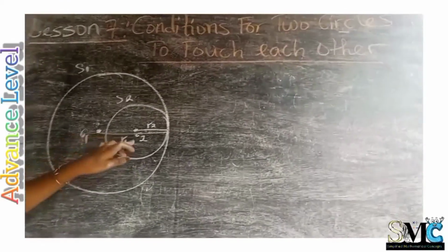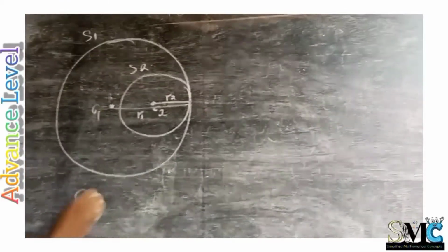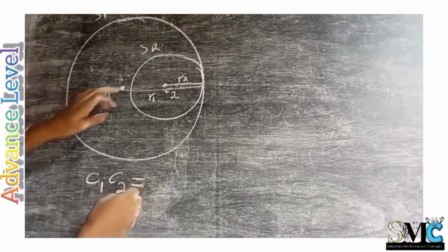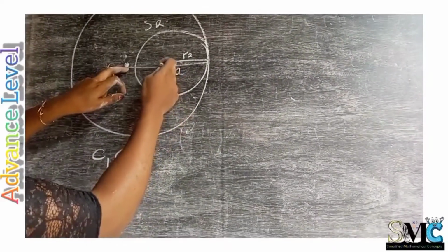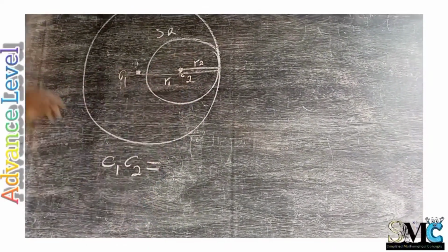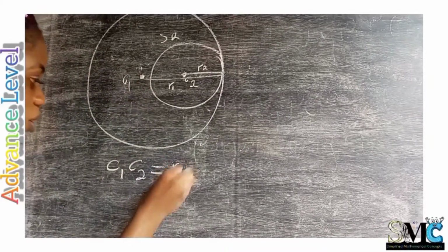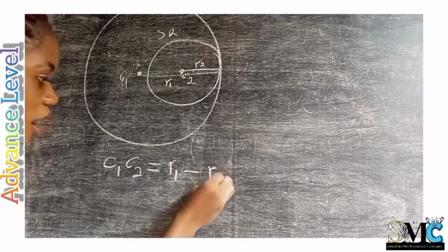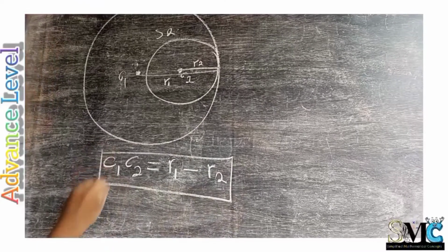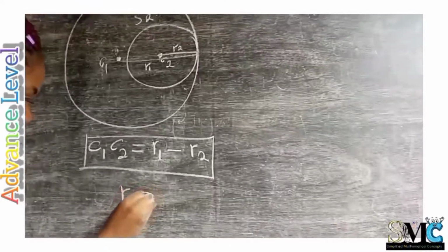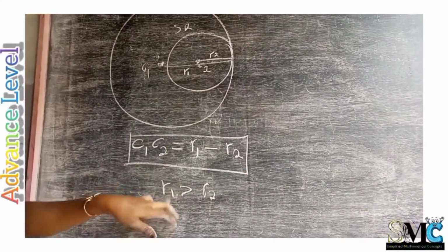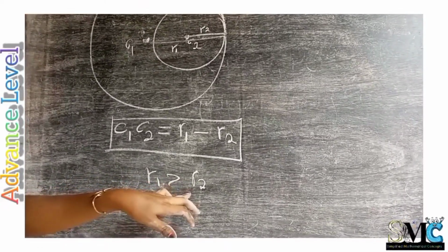Then we can see from this that the distance from C1 to C2, which is the center of the second circle, is the same as R1 minus R2. With this you see that R1 should be greater than R2.